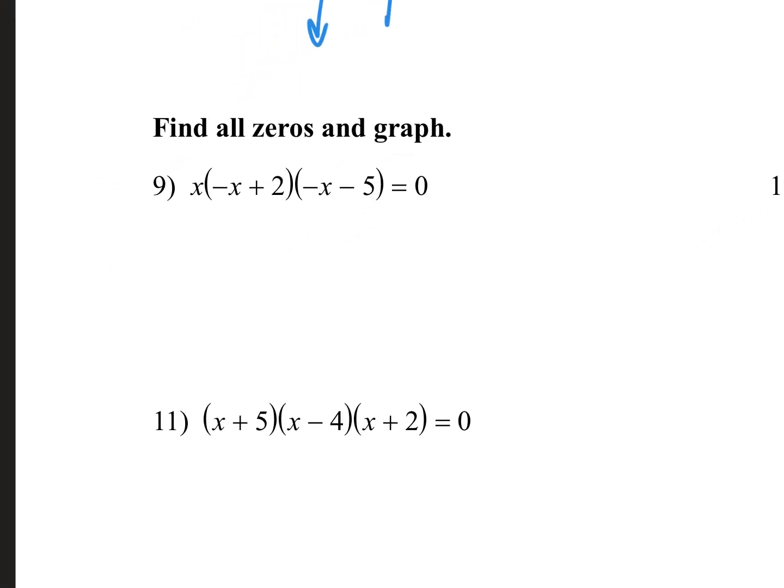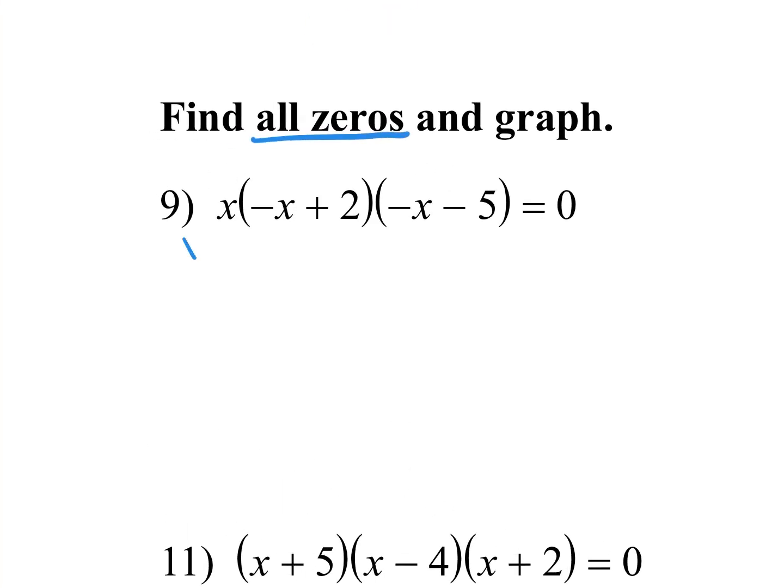All right, number 9. We have to find all zeros and graph. So finding the zeros, we set each piece equal to 0. So here I have x is equal to 0, negative x plus 2 equals 0, and negative x plus 5 equals 0. So this one's already solved. How would I solve the second one? Add x.